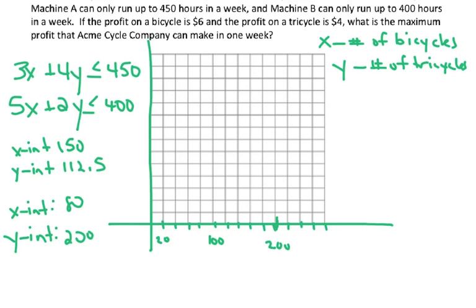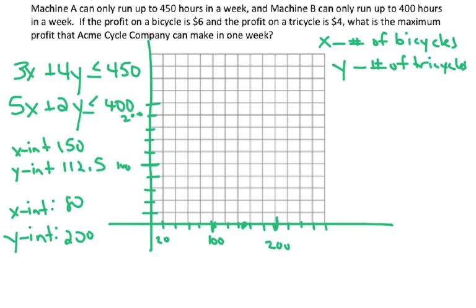So that's where my tick marks are at. And I'm going to do the same thing on the y-axis. So 20, 40, 60, 80, 100, 120, 140, 160, 180, there's going to be 200. So my first inequality is at 150, which is about here. And the y-intercept's at 112.5.